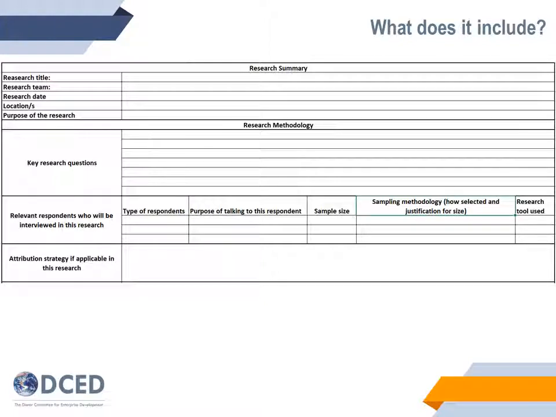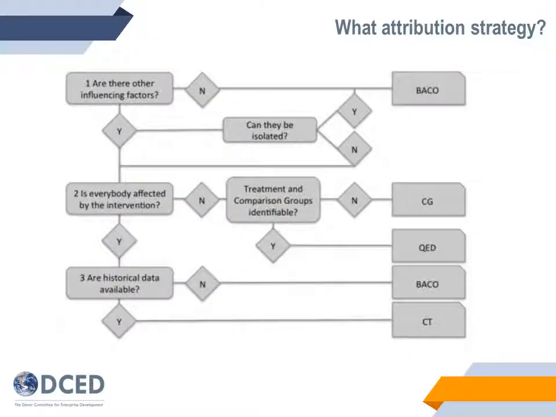Next is attribution strategy. We briefly spoke about attribution in the previous lecture on measurement plans. But now you come to do your research, here's the time to give more detail and say exactly how you're going to assess attribution. I'm not going to talk you through the different attribution methods, but if you are wondering about them, check out some of the fantastic guidance we have available on our website.